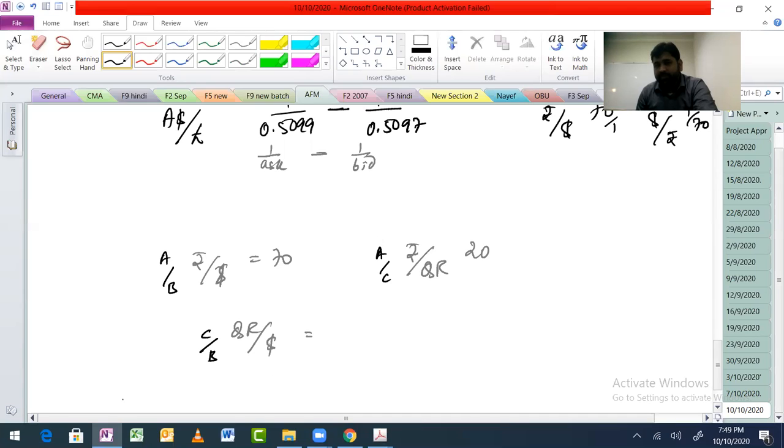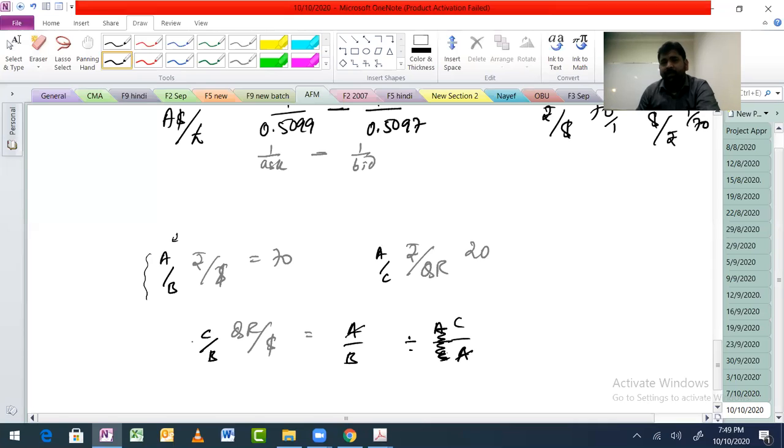Are we fine with this? C by B. Now how can you calculate C by B? B is already the denominator. So I will start with A by B. Now I need to cancel A. The other rate that I have is A by C. So if I divide, this will become C by A, and A cancels out.